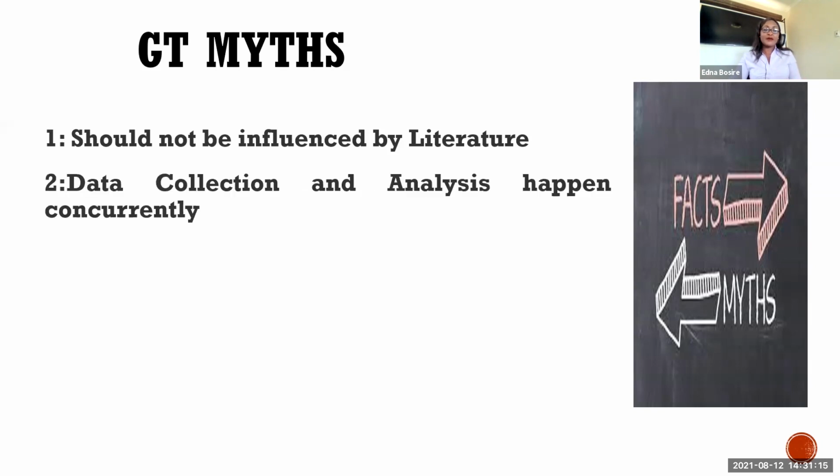Another myth is that data collection and analysis happen concurrently. I talked about this when I said you have to go back and forth. This largely happens with grounded theory and many other qualitative data collection and analysis methods, but it's not a must. It's not something that you have to do, or else you're doing something else.